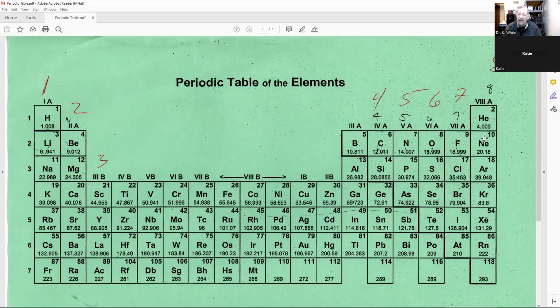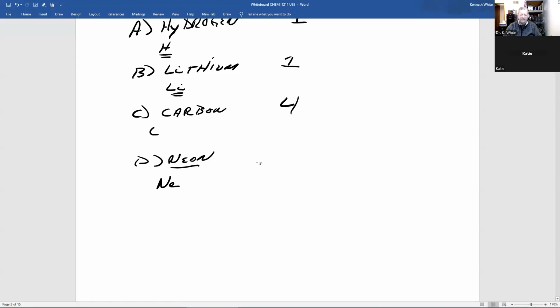We're asking for valence electrons, which are the outermost electrons, and that would be the number at the top of the column, 8. So neon has 8 valence electrons.